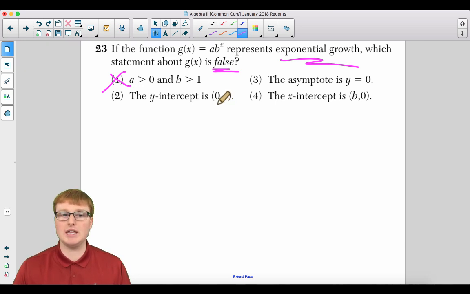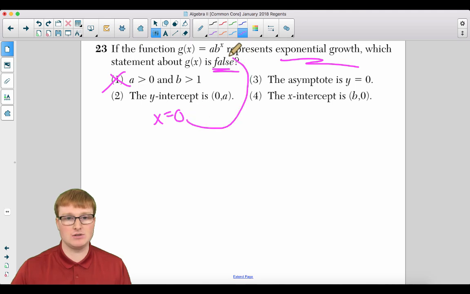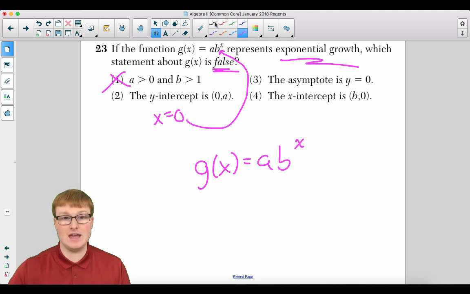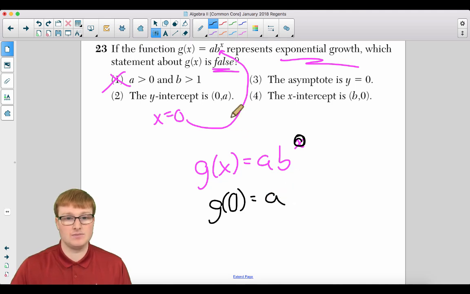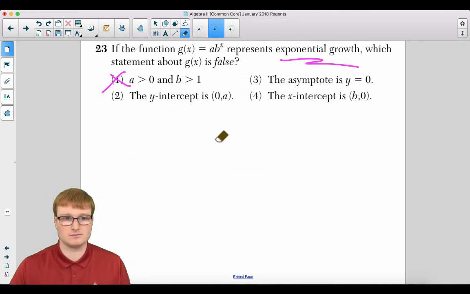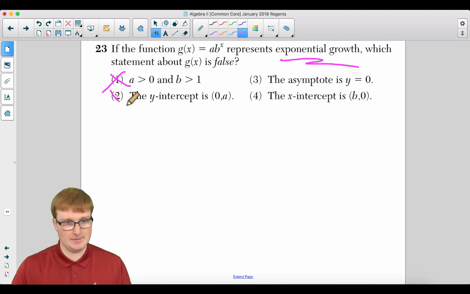Yes, because if you plug in x equals 0 into g of x equals a times b to the x, b to the 0 is just the number 1. 1 times a is a, so g of 0 is just going to be a, and that's (0, a). That is a true statement.